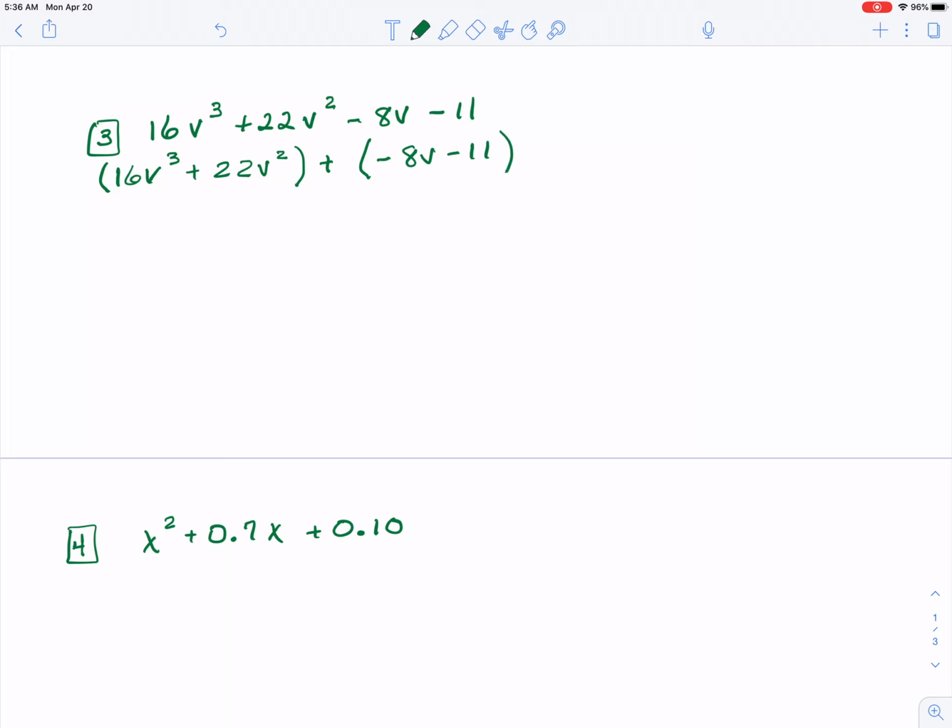Okay, so as I look at the first pair of terms, I see in common a 2, and I also see in common a v squared. So I'm going to pull that out, and that's going to leave 8v plus 11. And on the second pair, again, since they're both negative, I'm going to pull out that -1 like I did before.